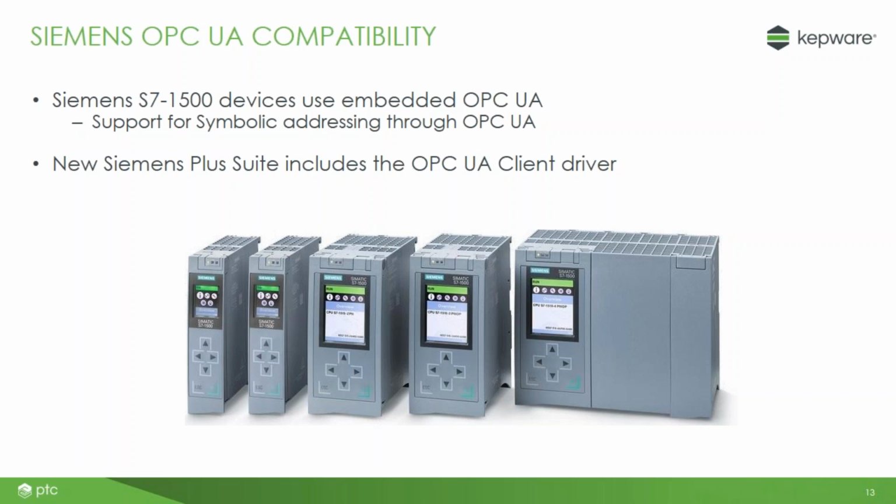Now they've exposed that symbolic addressing through OPC UA. It's sanctioned by Siemens, so if you're using our OPC UA client driver, you can pull that data in. Obviously Siemens plans to support this on any family of controllers that they roll out in the future, so it's definitely planning for the future as well.